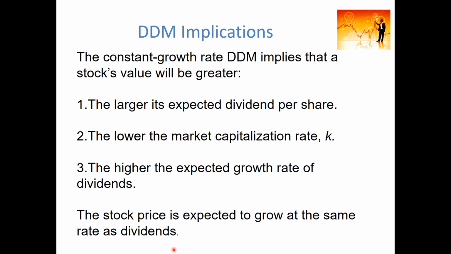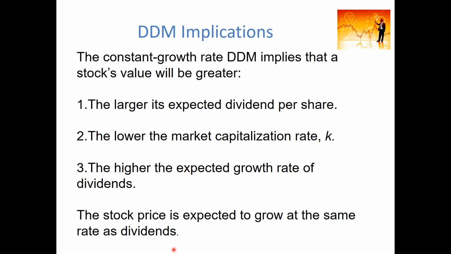Now, when we apply our dividend discount model, there are some important implications that we can make. The dividend discount model implies that the stock's value will be larger when we have a large expected dividend per share. The stock's value will be larger when the market capitalization rate, or the required rate of return, is lower, and will also be larger when the expected growth rate of dividends is higher.